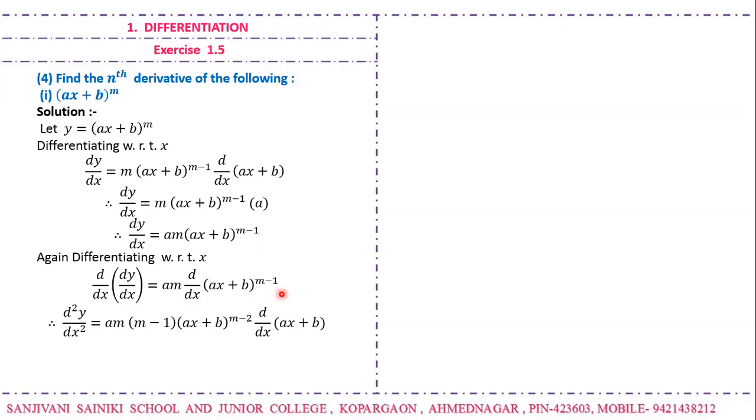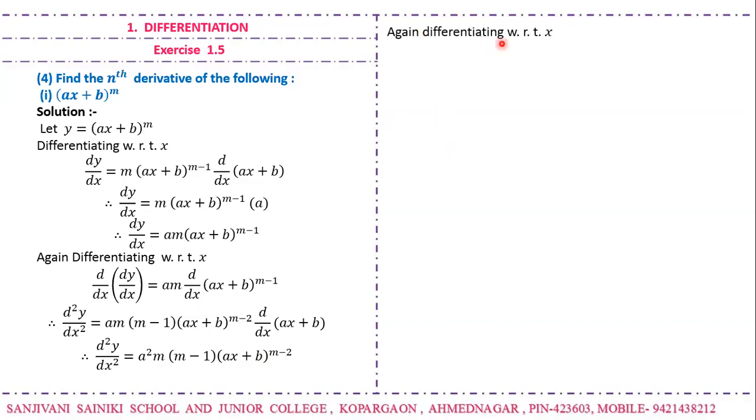Now the derivative of this function is m minus 1 into (ax plus b) raised to m minus 2 into d by dx of ax plus b, because the derivative of f(x) raised to n is n times f(x) raised to n minus 1 into f dash of x. So again its derivative is a. So the first a and this again we are getting a, so a into a is a square. Then m into m minus 1, (ax plus b) raised to m minus 2. This is the second order derivative.